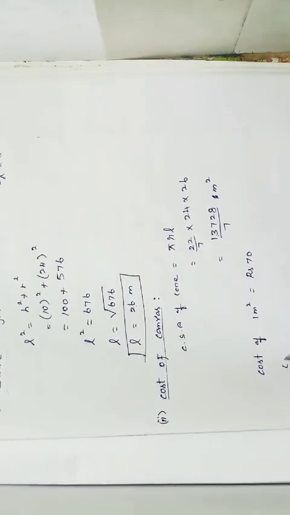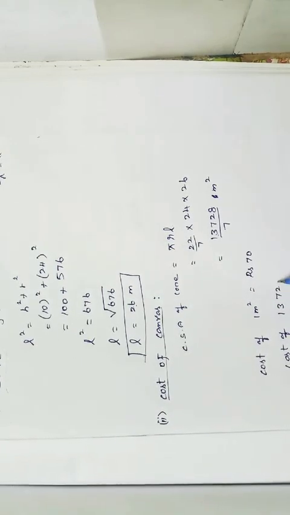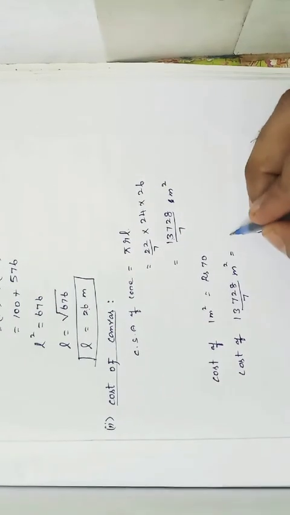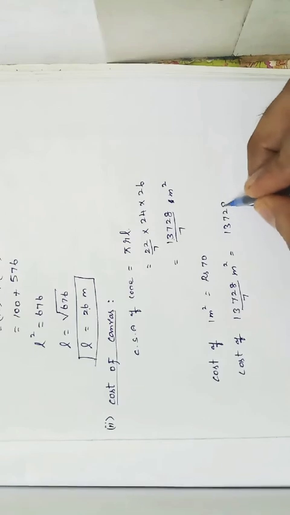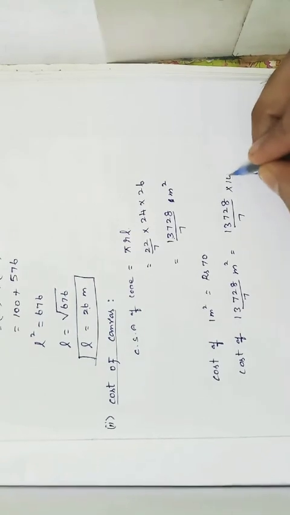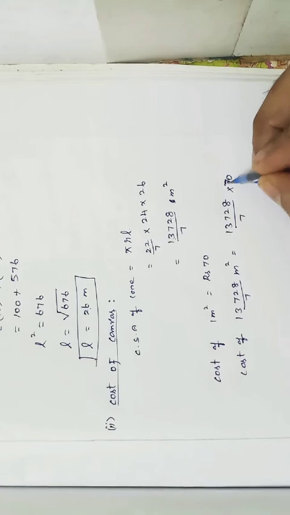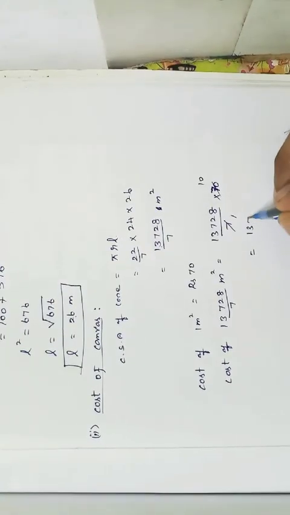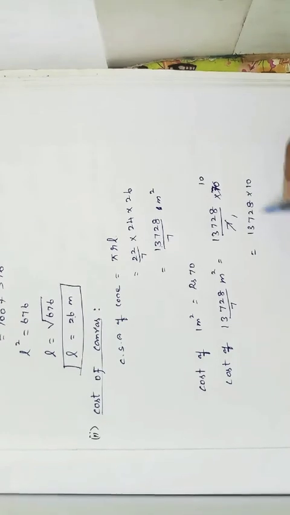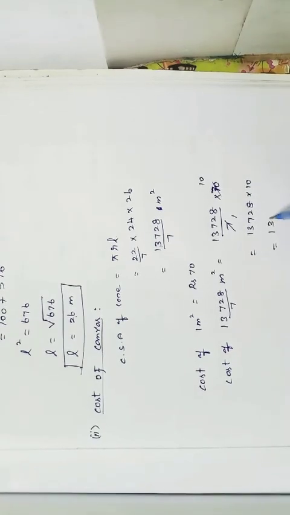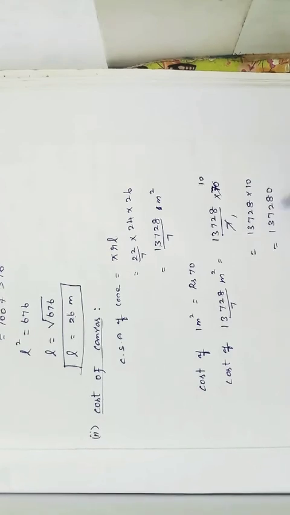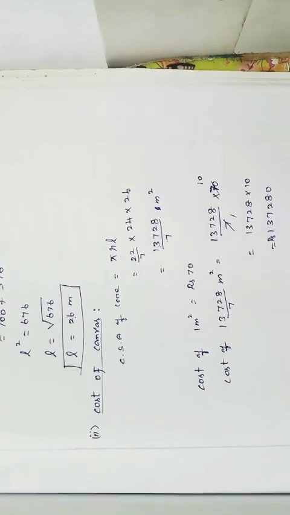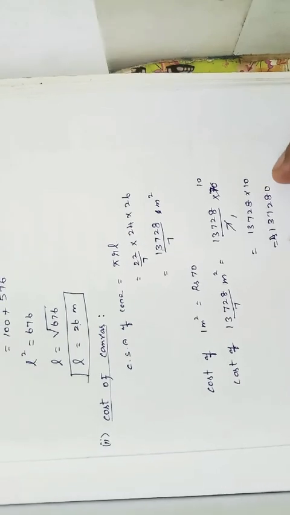Then the cost of 13,728 by 7 meter square is, just multiply, 13,728 divided by 7 into 70, which is 13,728 into 10, equal to 1,37,280 rupees.